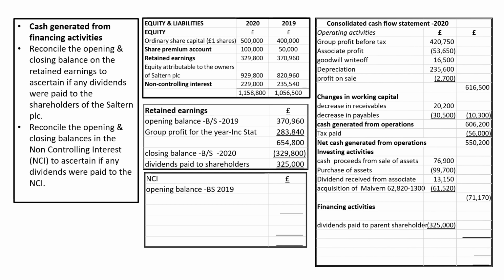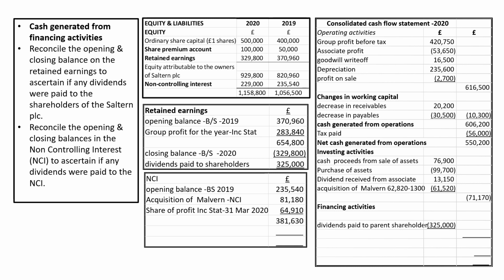So again, we start with the opening balance, 2019, which is 235,540. We add to it the share of the net assets of Melbourne PLC that is attributable to the non-controlling interest, which is 81,180. We add in also the share of profit attributable to the non-controlling interest at 31st of March 2020, which is 64,910.